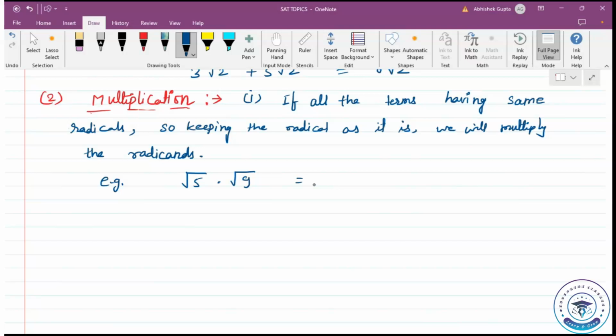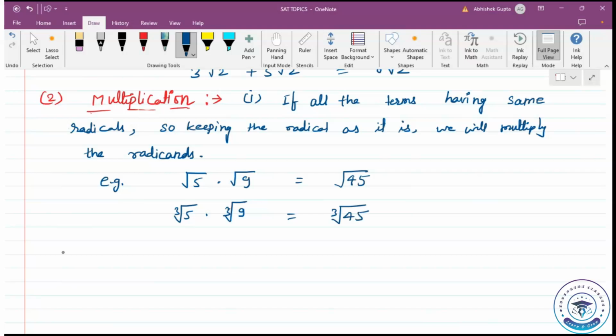So we keep the radical as it is, and square root of 5 times square root of 9 becomes square root of 45. The square root of 9 could have been simplified as 3, but if you don't want to simplify, you can write it like this. Suppose we have cube root of 5 times cube root of 9, that can also be written as cube root of 45.